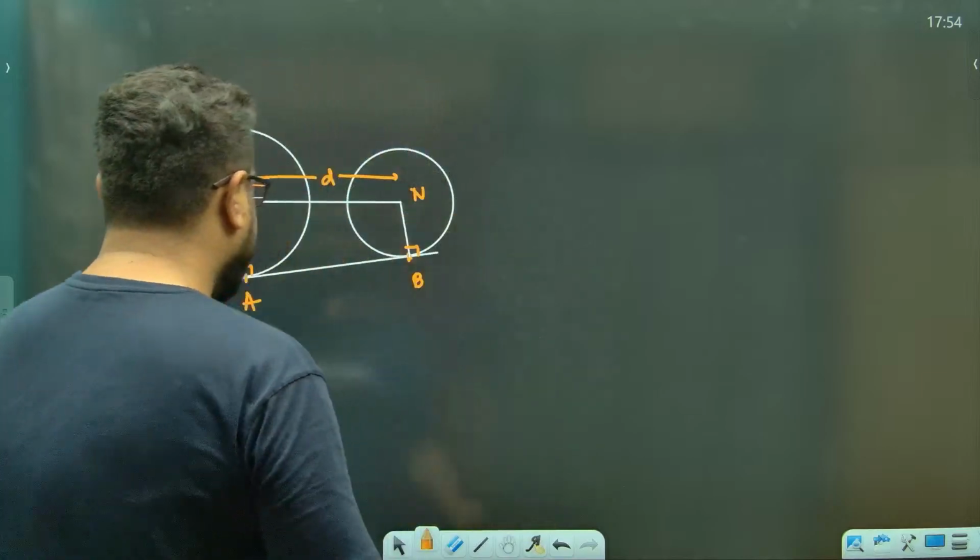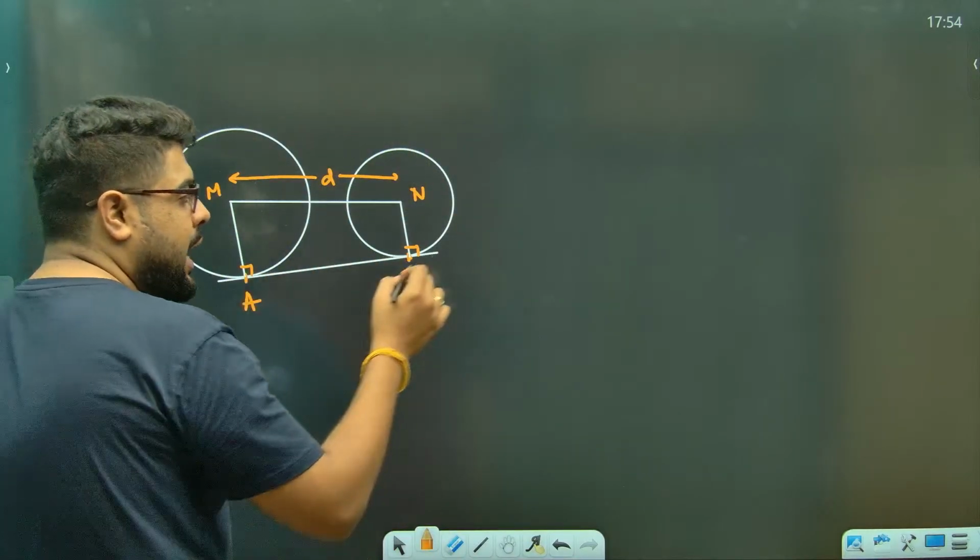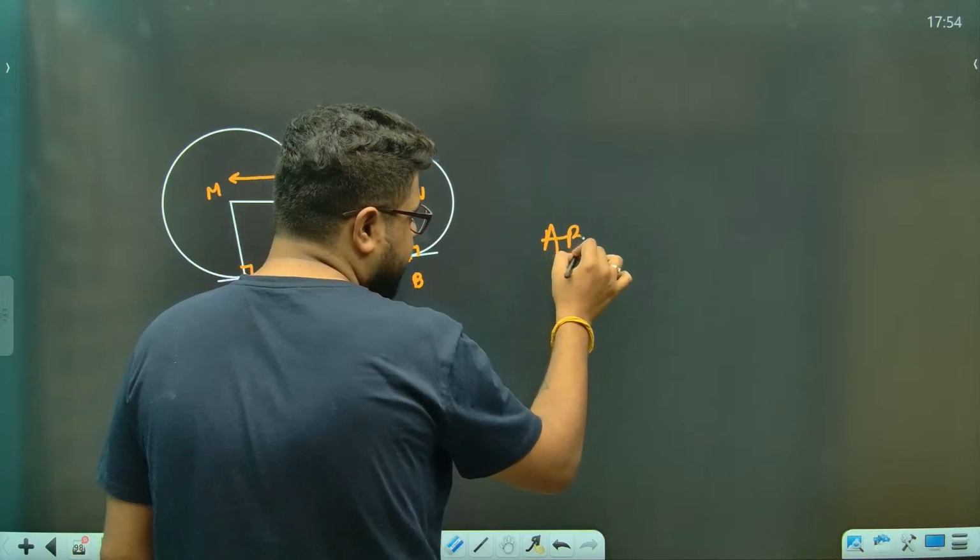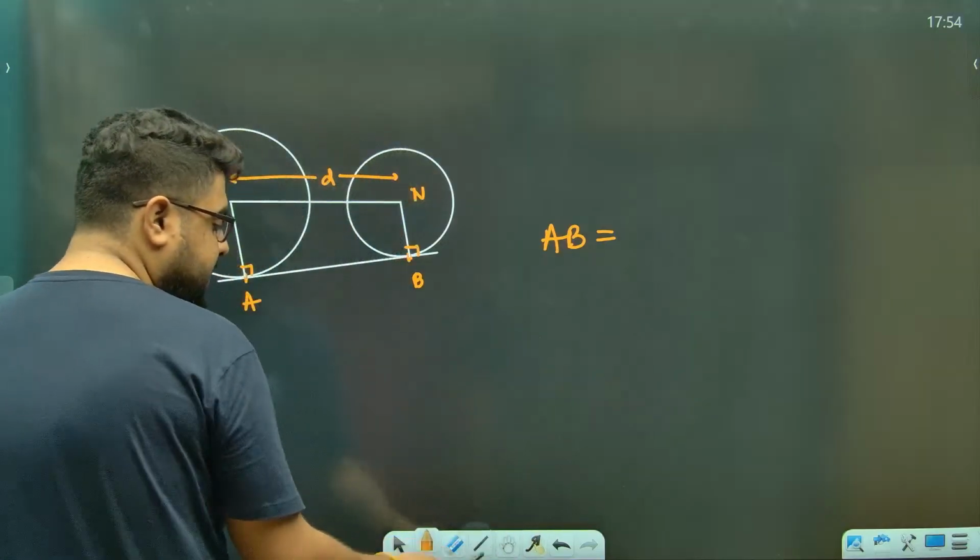Now, I need to figure out the length of AB. Take it as a question.